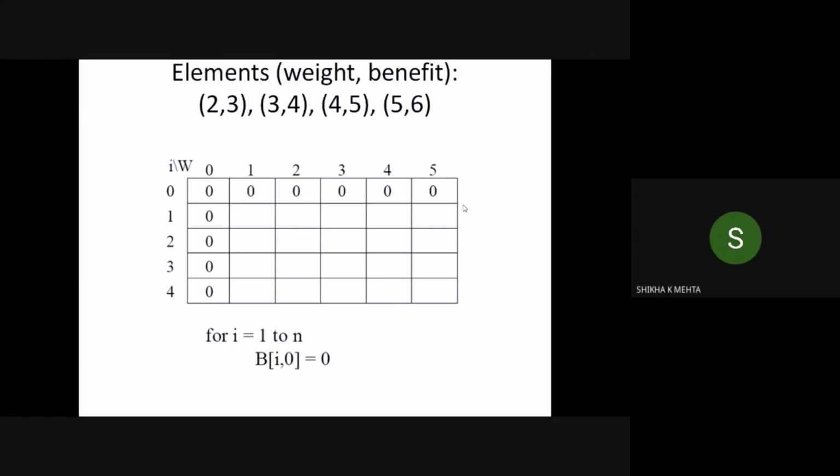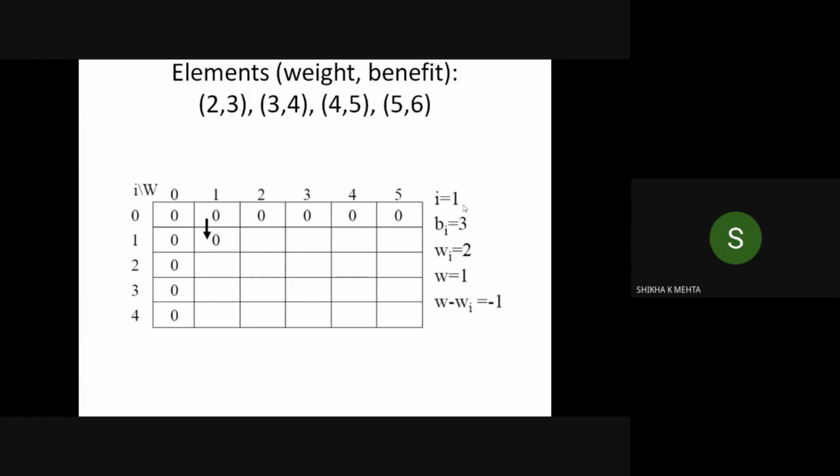If we consider the capacity as 1, the item's weight is 2, so the knapsack cannot accommodate it. So we take its initial value of 0 only.